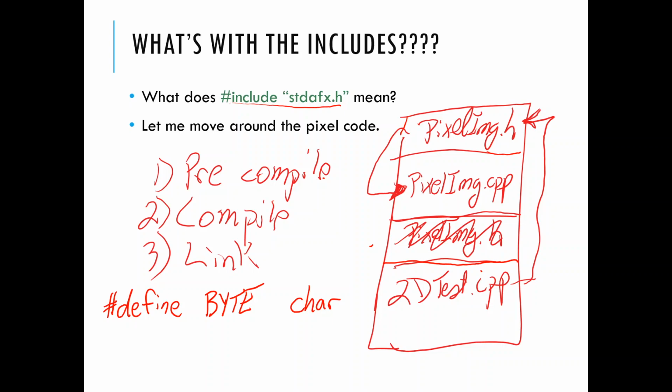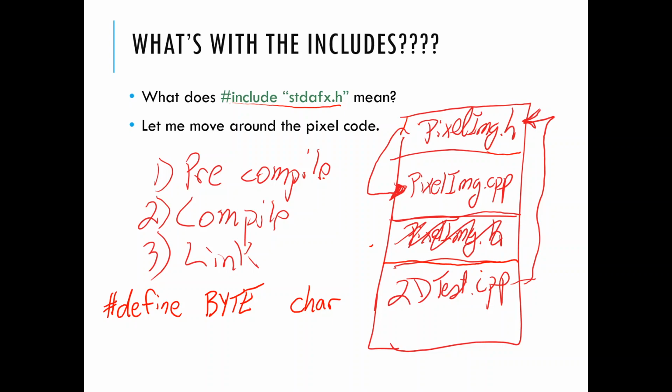The kicker about C++ is that there's no way to know the order of compilation. I could compile pixelimage.cpp first and then 2dtest.cpp afterwards, or it could be the other way around. I might include 2dtest first and then pixelimage.cpp next. I don't know the order that's going to happen. That's the problem.